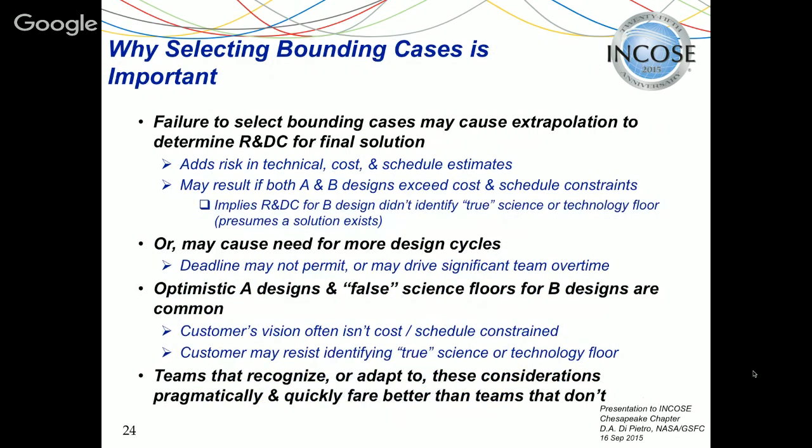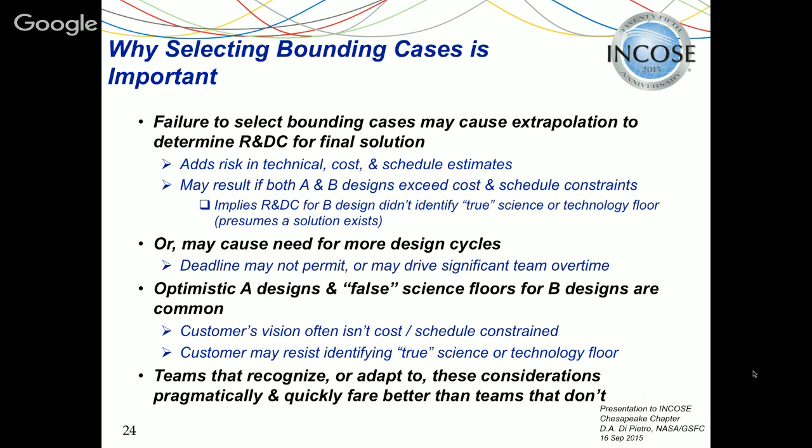Okay, so selecting bounding cases, of course, then is important. If you're trying to interpolate to find your Chevy, it's important to bound the solution space. Now, if you don't manage to select bounding cases for this, that could cause extrapolation to find your C design. Now that could happen if, for example, both the A and B designs turned out to exceed the cost and schedule constraints.